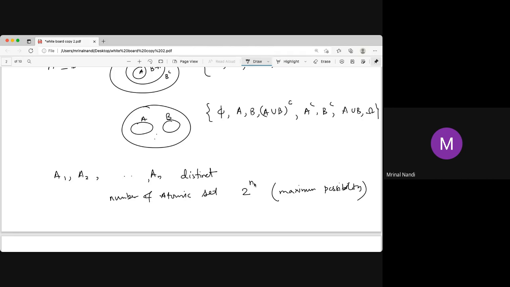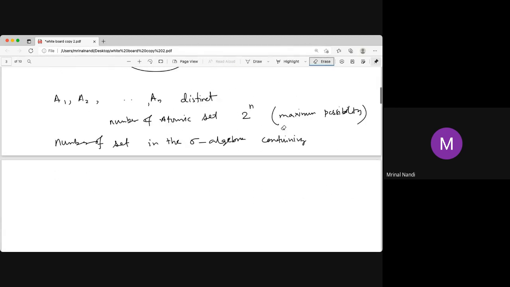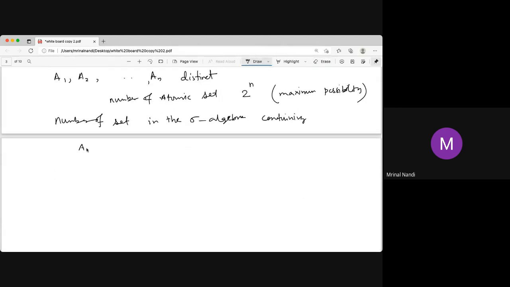Now, if the atomic sets number 2 to the power n, then the number of sets in the sigma algebra containing A1, A2, up to An is 2 to the power n.